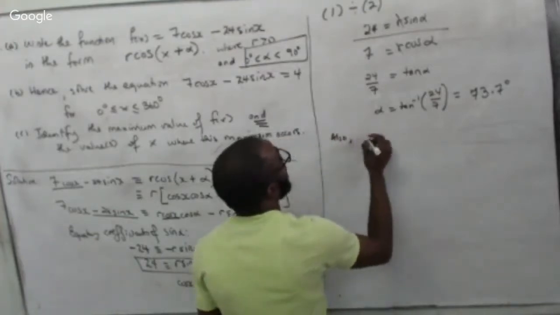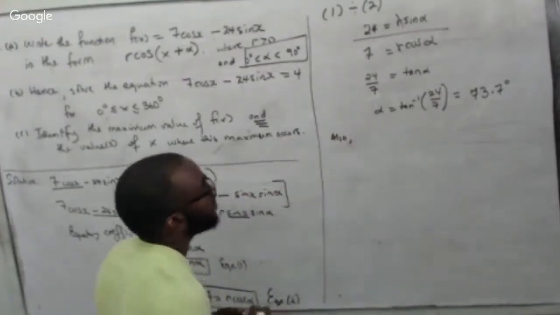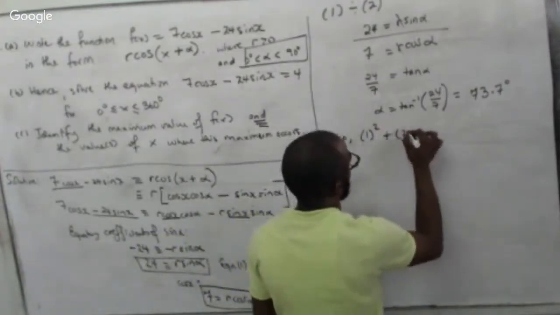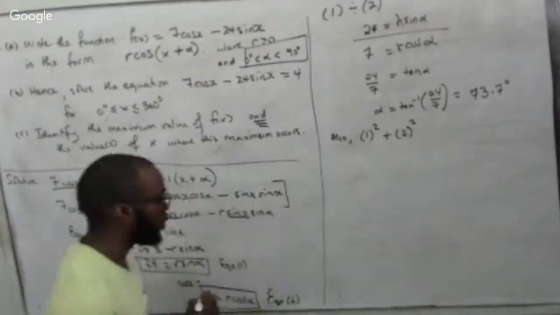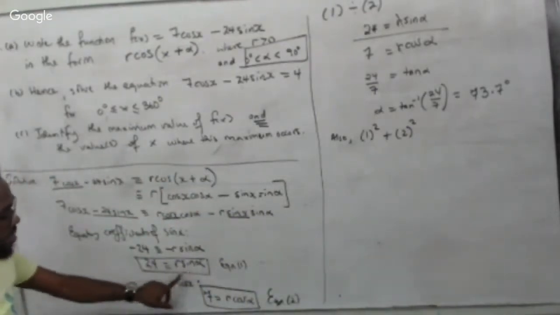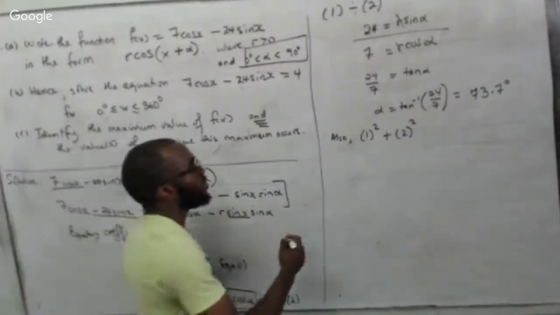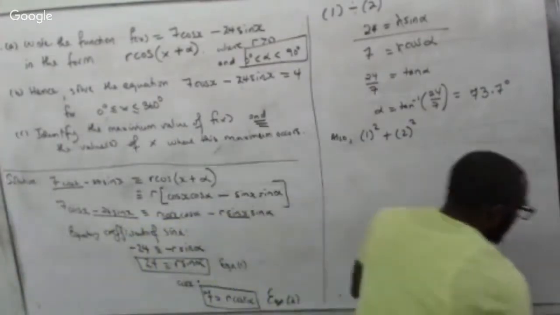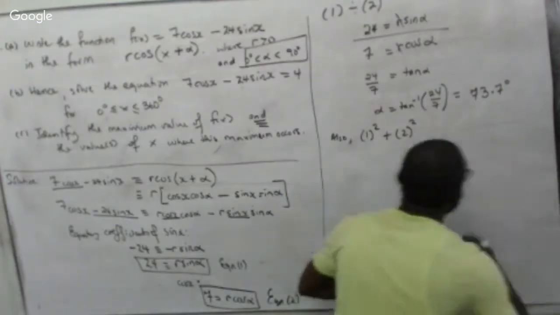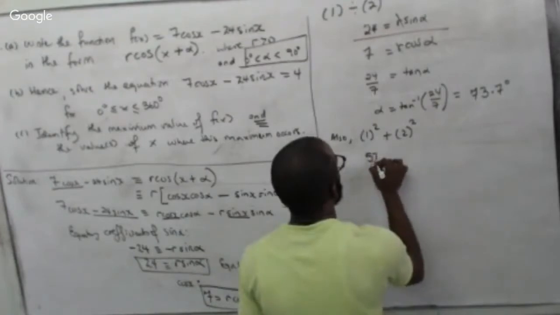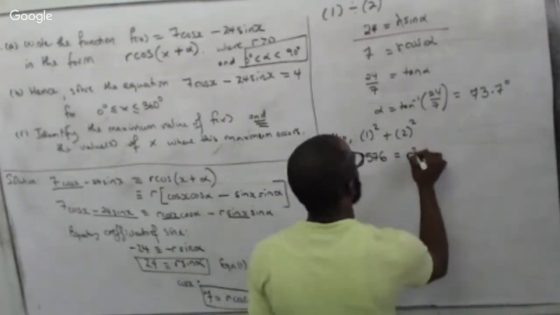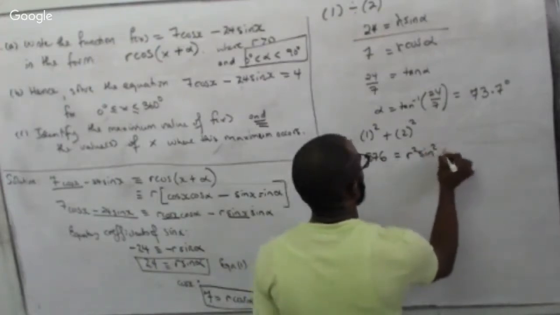Also, what's the next step? I will always square each of them and add them. So let's square equation 1. Remember when I'm squaring an equation, I need to square both sides. 24 squared is what? That's a very big, ugly number that I do not know. 576 equal to R squared sine squared alpha.